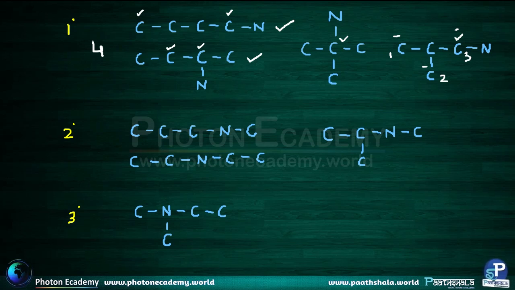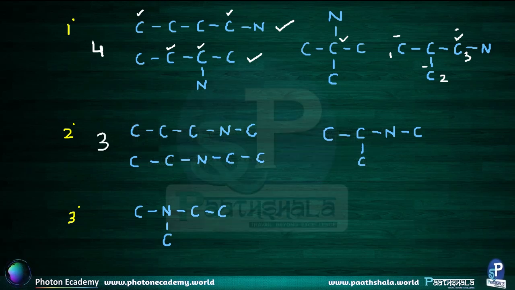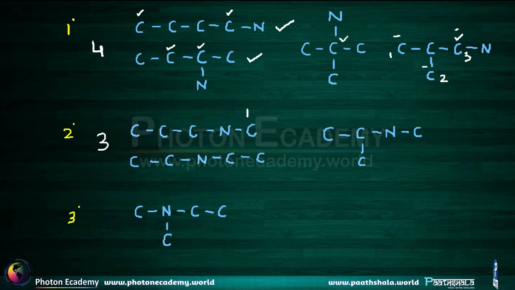For 2 degree amines, we have identified these three possible structures. What we have done is attach the carbon atoms to the nitrogen atom such that one group has one carbon atom linked to the nitrogen, and the other group linked to the nitrogen has three carbon atoms.